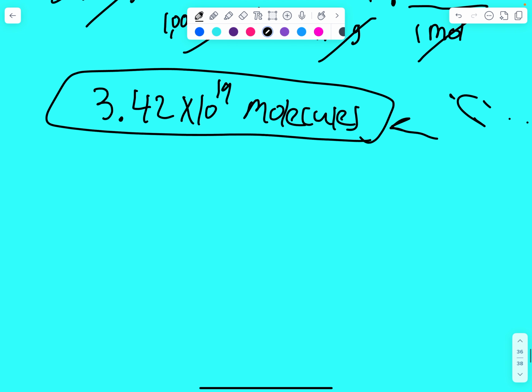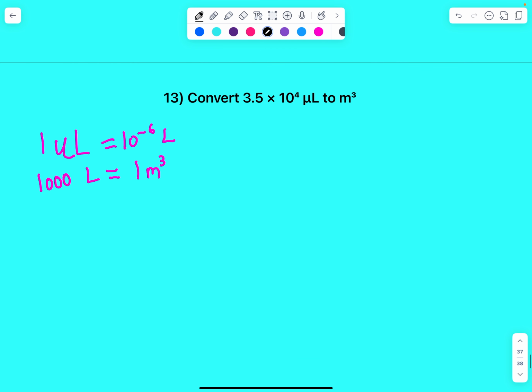All right. Let's try this one. Convert 3.5 times 10 to the 4th of this unit to m raised to the 3rd. I don't even want to mispronounce that. So they gave me this, so let's start with what we have: 3.5 times 10 to the 4th. And I'm trying to get to m raised to the 3rd.